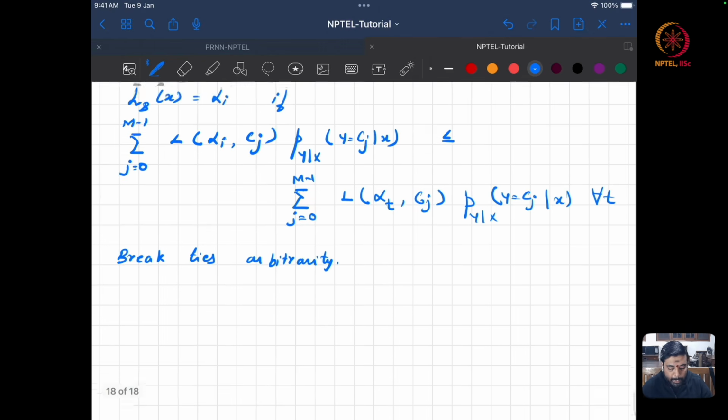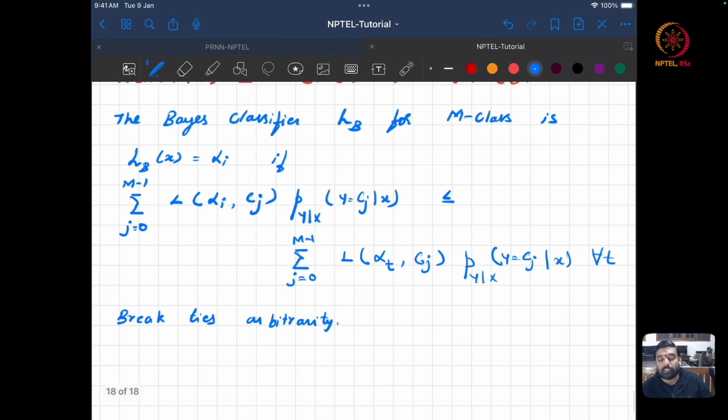Now this is the formulation of the hypothesis function using a Bayes classifier in an M class case, and it is for any loss function. Again, reiterating, I haven't explicitly taken 0-1 loss. We will take it as a special case and look at it in some time.